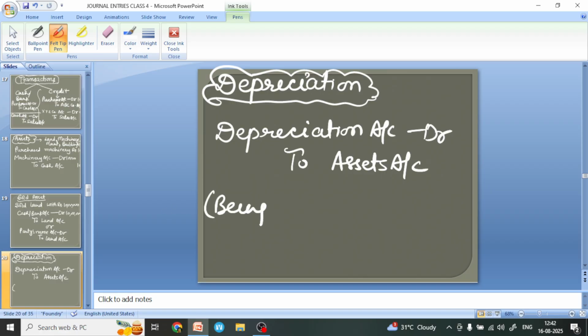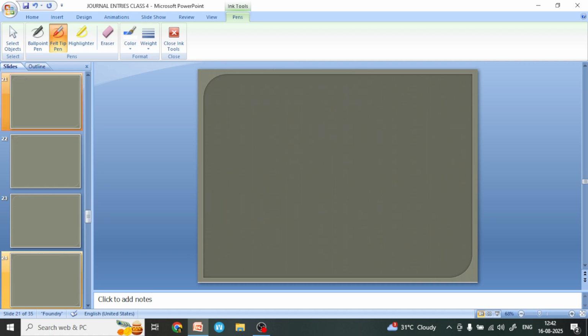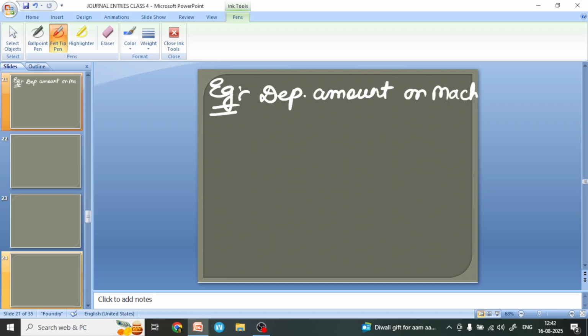Narration will be: being depreciation charged on assets. Example, depreciation amount on machinery rupees 10,000 after 5 years.